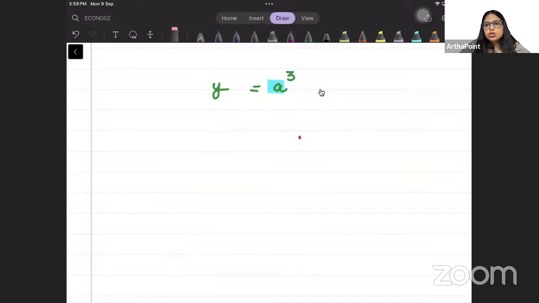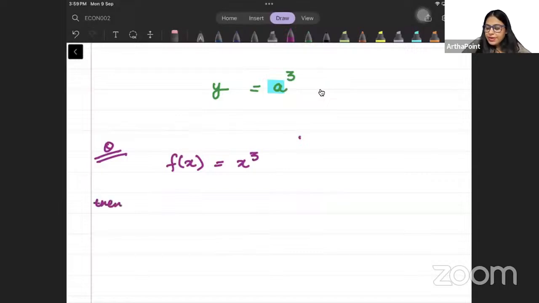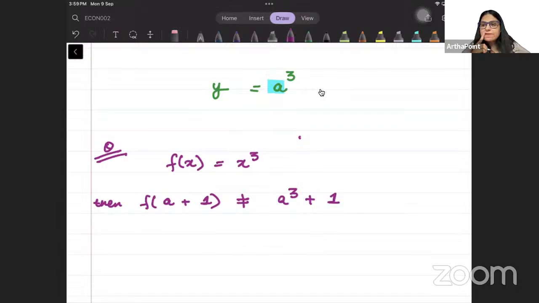So the confusion that students have here is about f of a plus 1. जैसे suppose we take, देखो ध्यान से समझो, suppose my function is x cube, then beta f of a plus 1 is not equal to a cube plus 1. ध्यान से समझना. f of a plus 1 is not a cube plus 1. दो अलग बातें हैं.